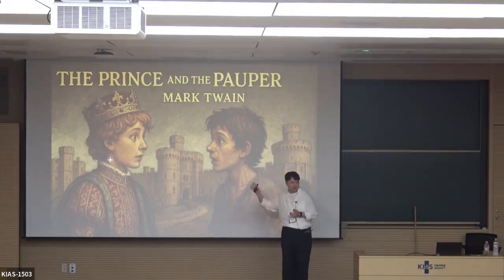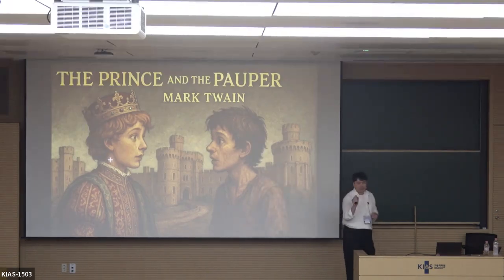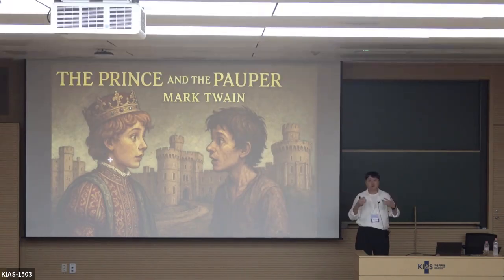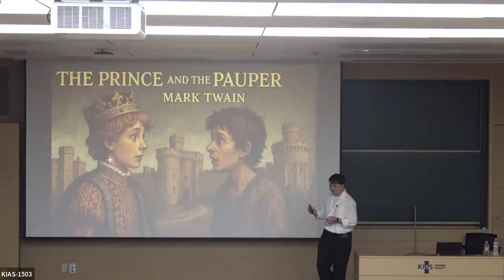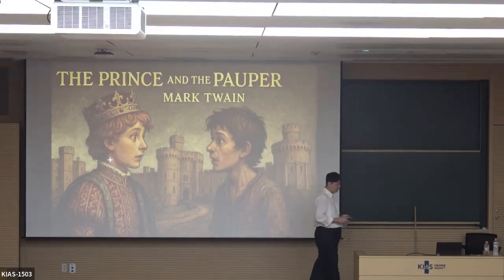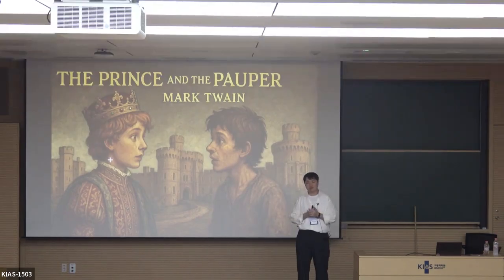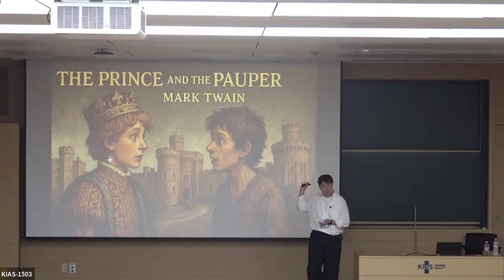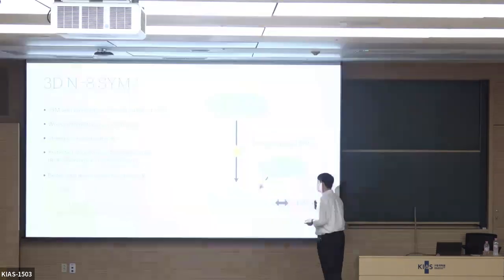I'm going to tell you the reason shortly, but due to this reason, which is basically due to the strong coupling effect, people never discuss the details of IR dynamics of this 3D n equal to 4 super Yang-Mills in the literature. So in this talk, I'm going to show you how we can overcome this difficulty and what we can learn about this IR dynamics of 3D n equal to 4 super Yang-Mills.